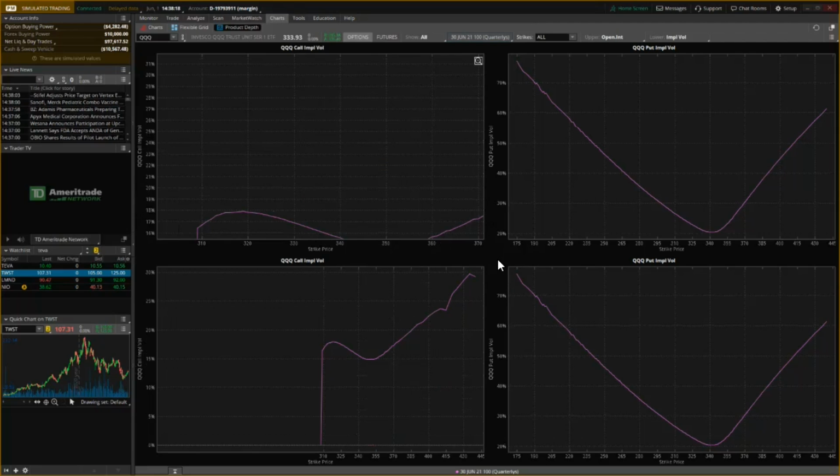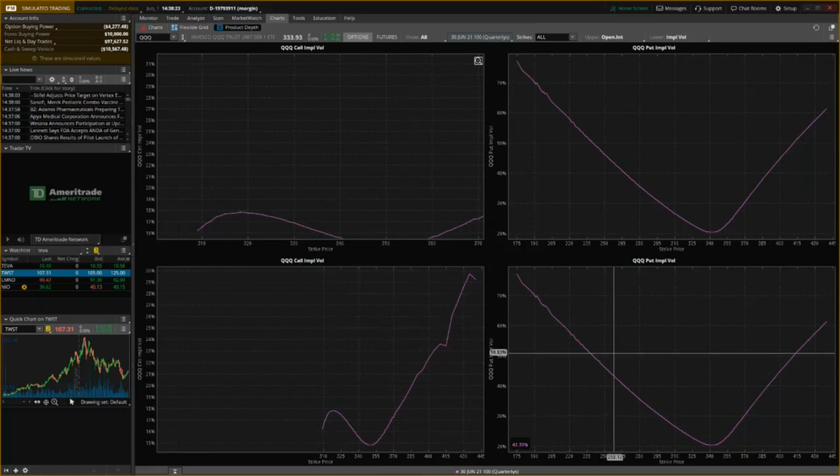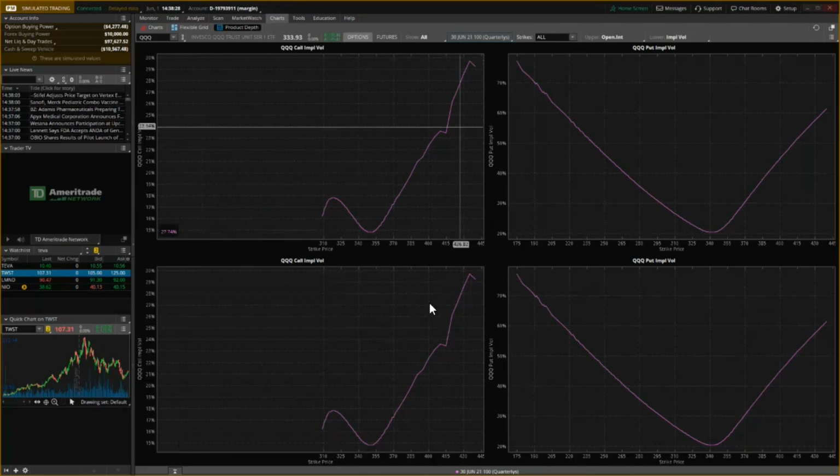You can see the calls and the puts. So you can see that there is some kind of fluctuation here, and in the calls, the implied volatility at the 330 is greater, and the skew of the implied volatility falls until it reaches almost 355.